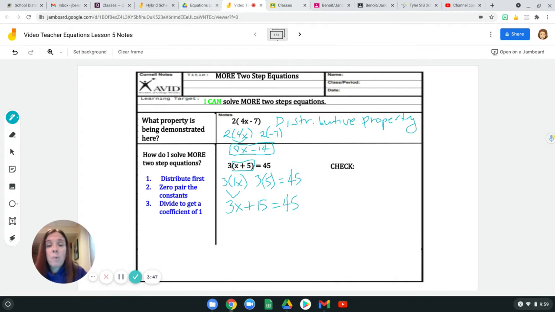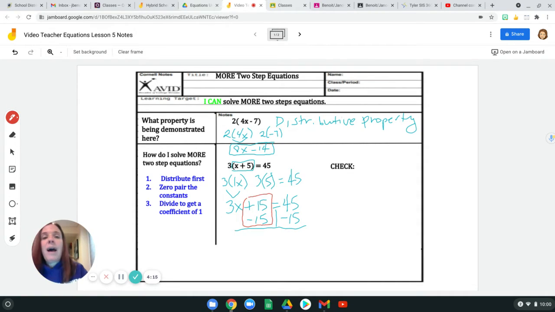All right, so we did step 1. Now we're going to do step 2. We're going to zero pair the constants. Remember, the constant is what is being added or subtracted to the variable term. So in this case, our constant is a positive 15. So we're going to do negative 15 on both sides of the equation to zero pair that constant. Remember Sophia's rule?